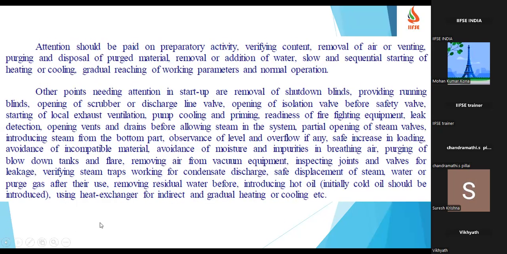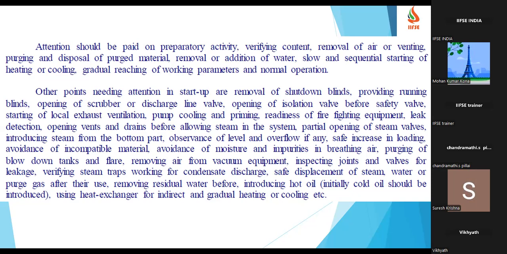Sometimes what will happen? They'll have hot water, then it has to be drained properly. Otherwise, what will happen? Hot water is also one of the utilities we use to heat up our reactions. Then we also use hot oil because hot oil temperature is higher than hot water temperature. Some of the reactions may require higher temperatures, where we use hot oil.